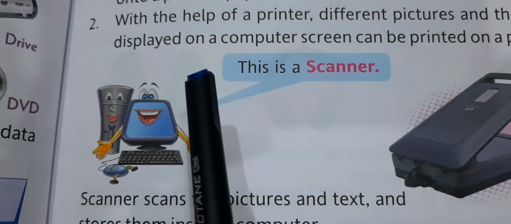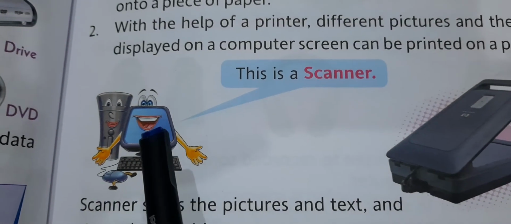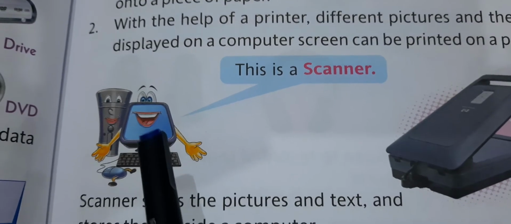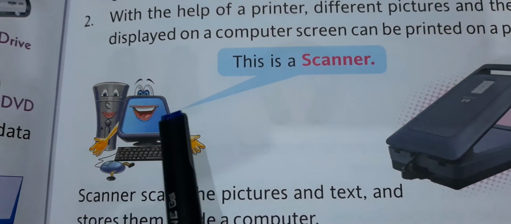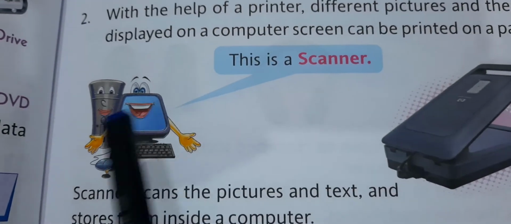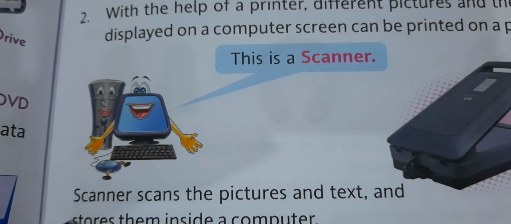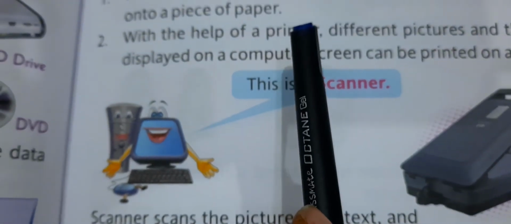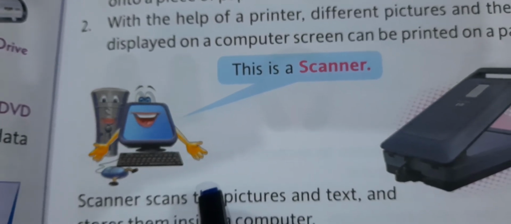Means in the printer, what are we doing? Whatever that is visible on the screen, we are getting its printout on a paper. Here, whatever that is printed on the paper, we are scanning that onto the screen of the computer for our use. So the work of printer and scanner are opposite to each other.